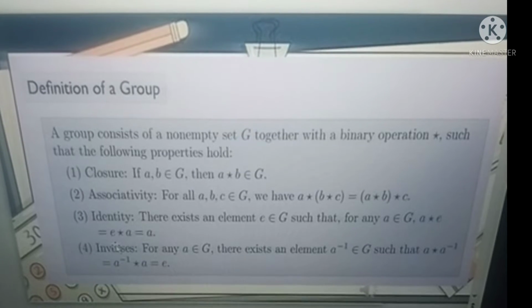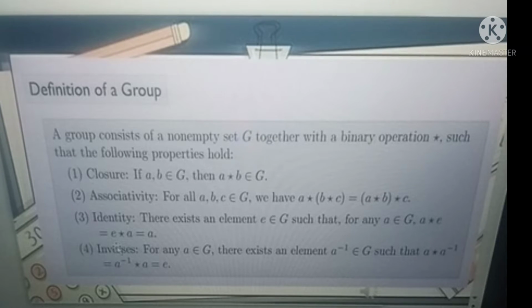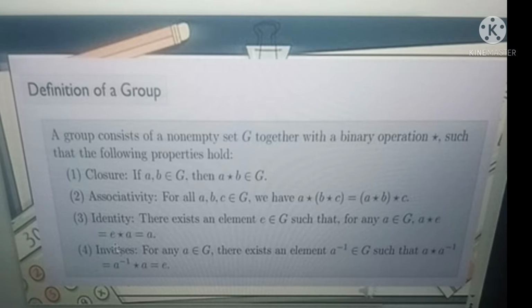It depends upon what binary operation is being used in a certain group. If the group uses addition, the identity of addition is 0. Then the identity of multiplication is 1.